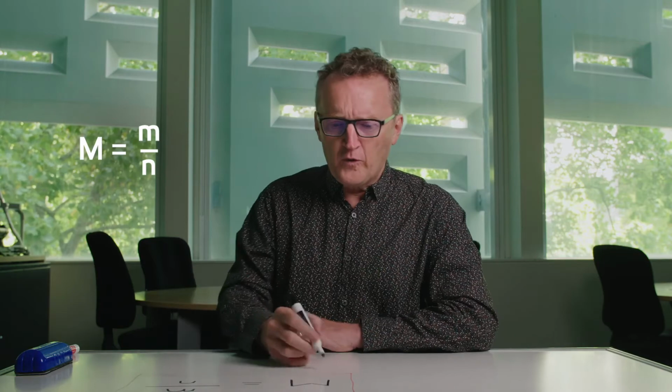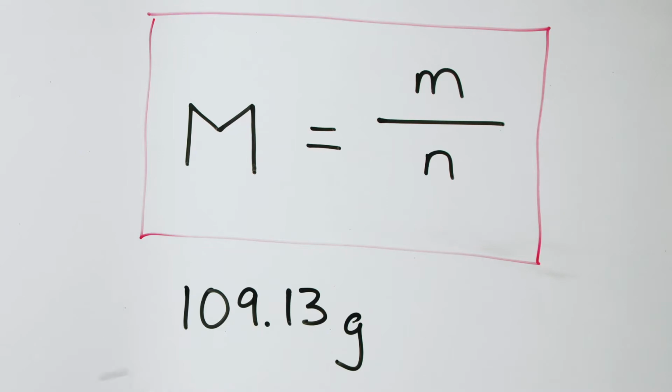Let's now use this equation in a real life example, and we're going to talk about the world's biggest faceted diamond. And this is the thing called the Golden Jubilee diamond, and it has got a mass of 109.13 grams. That's a lot of diamond. Now, as hopefully you know, diamond is pure carbon.